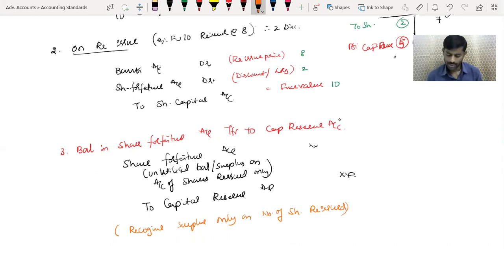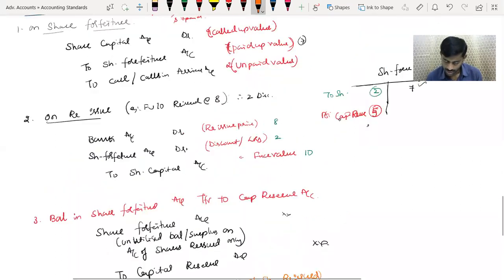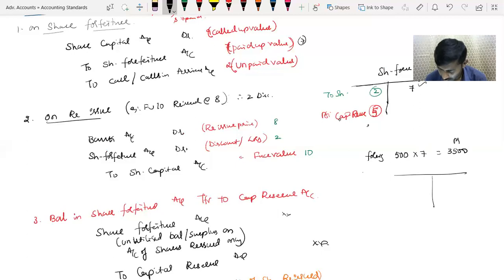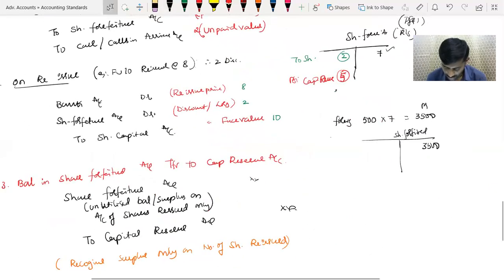So for example, suppose 500 shares are forfeited at 7 rupees. 5 7s are 35, so 3,500 is your profit. That's what you will write in the share forfeiture account: 3,500.